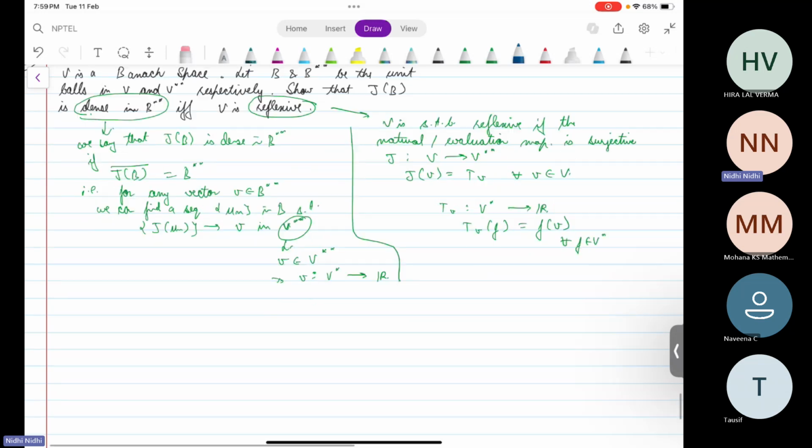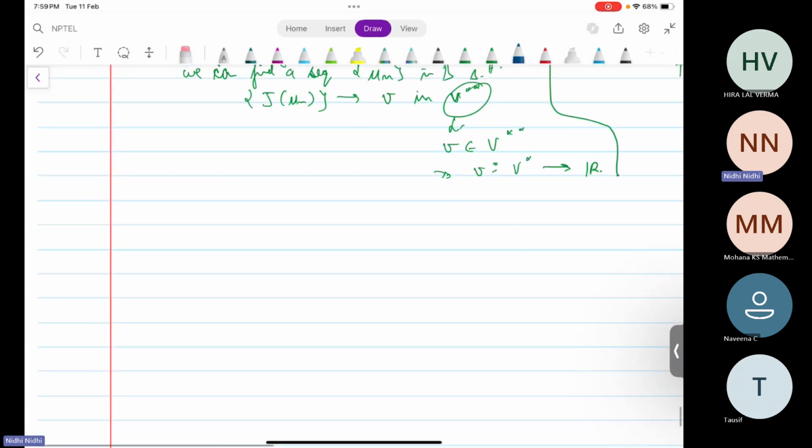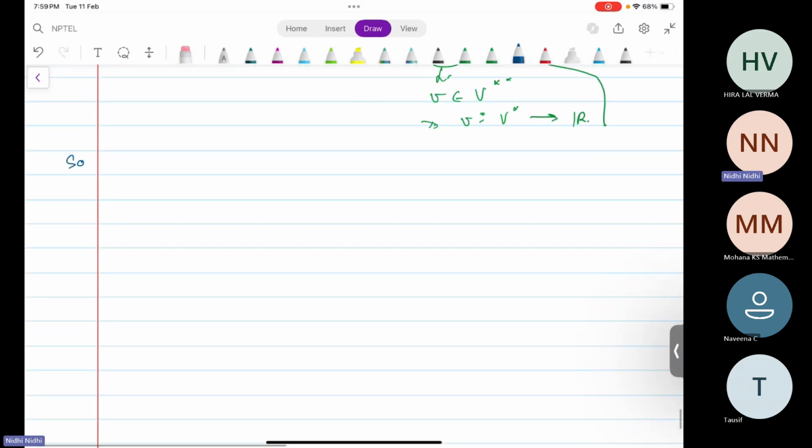So let's see its solution. Let's start with a fixed V in V. This implies TV, the image of V, belongs to V star star.